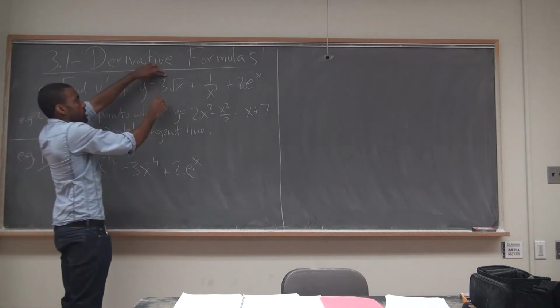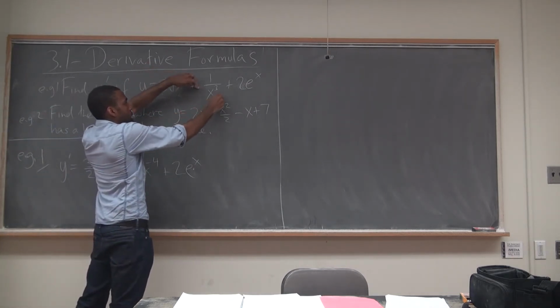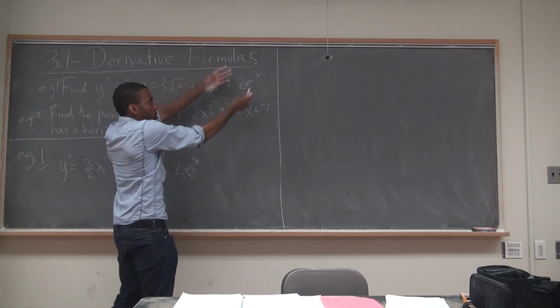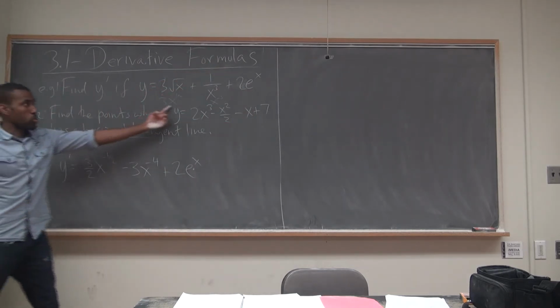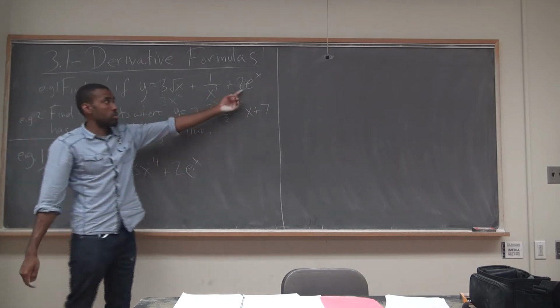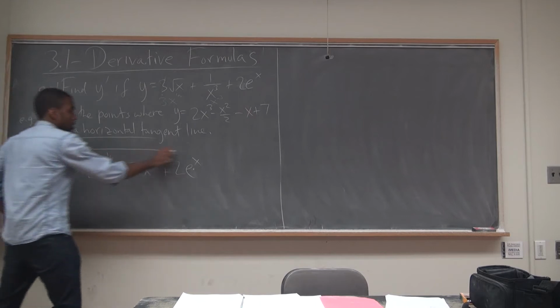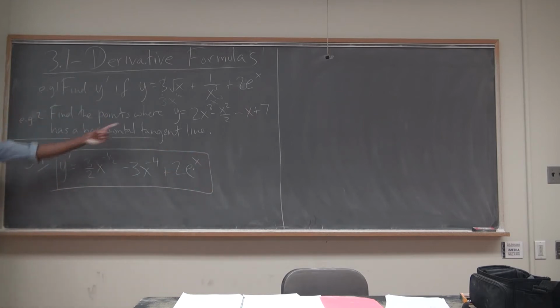Basically, you rewrite this. This is 3x to the 1 half. This you can write as x to the minus 3, and that's just 2e to the x. Power rule applies to these two. The derivative of e to the x is just itself. The constant doesn't affect anything; you just leave them there. That's one step. What about this one though?